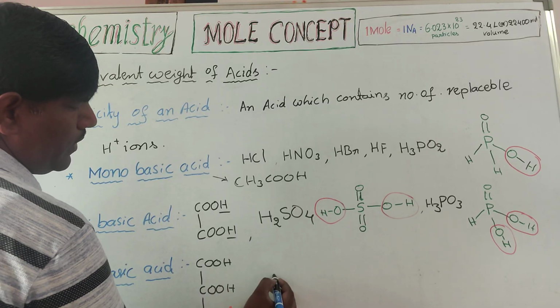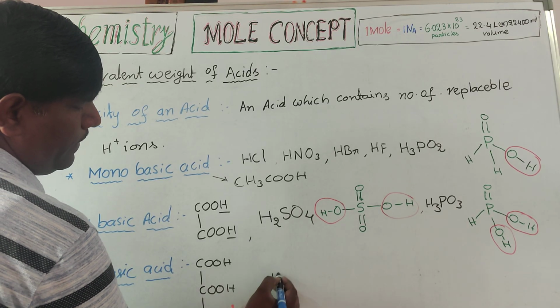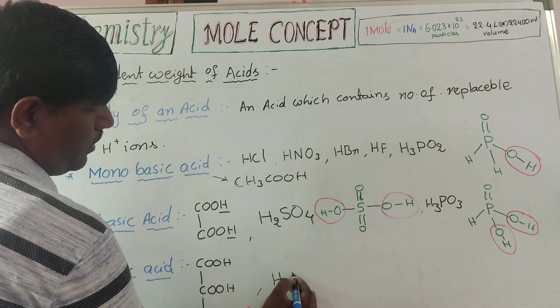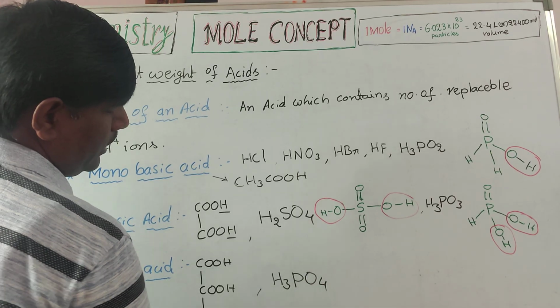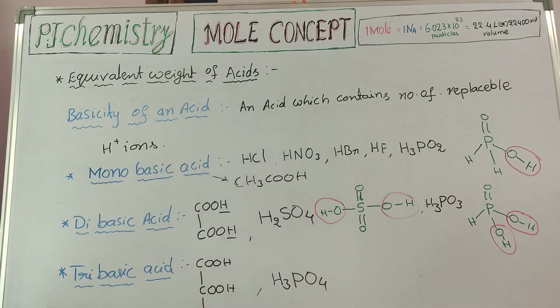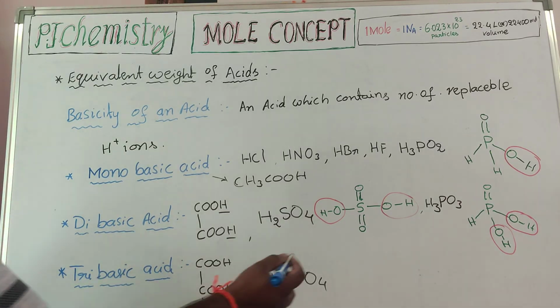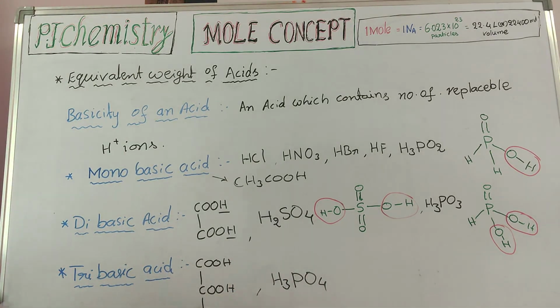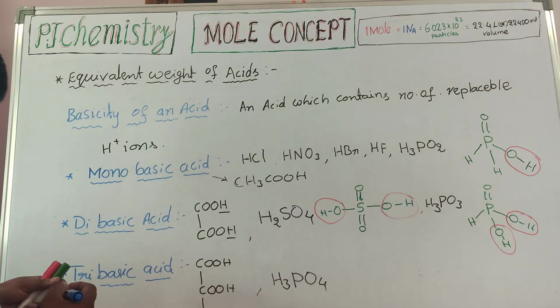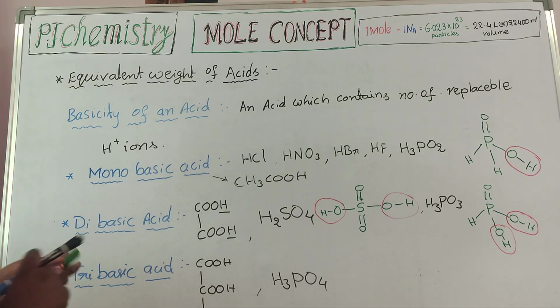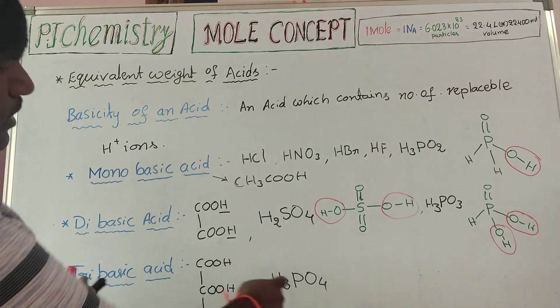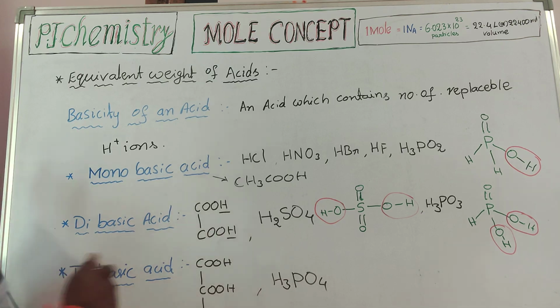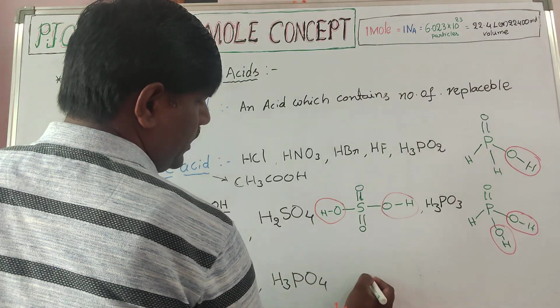Next, H3PO4, phosphoric acid. It also contains the same structure again. Okay, 1 oxygen with a double bond, the remaining 3 oxygens with the 3 hydrogens. So 3 replaceable hydrogen ions are there.